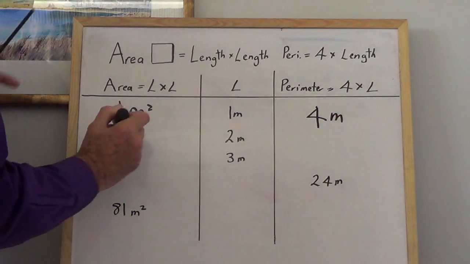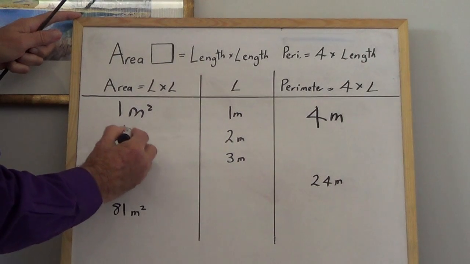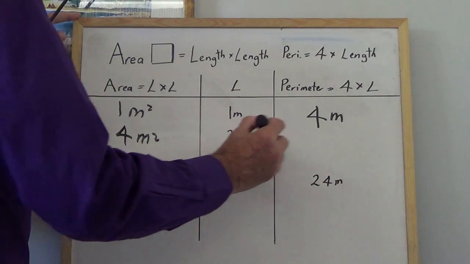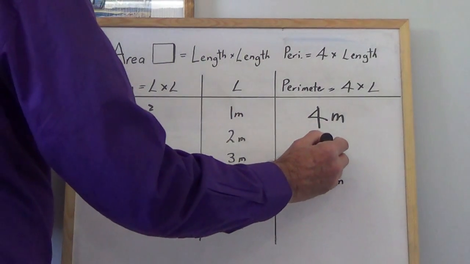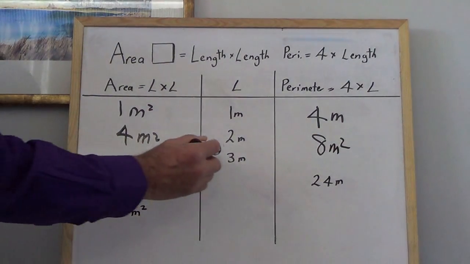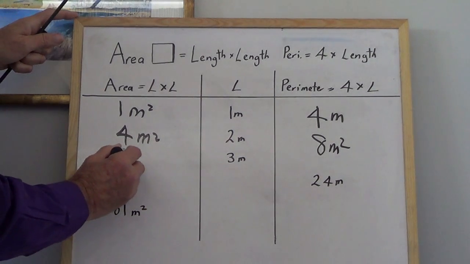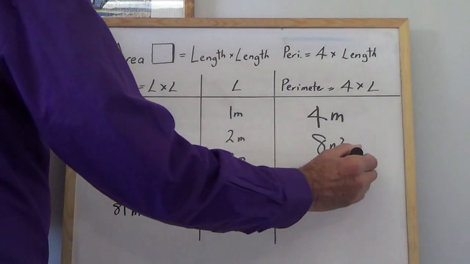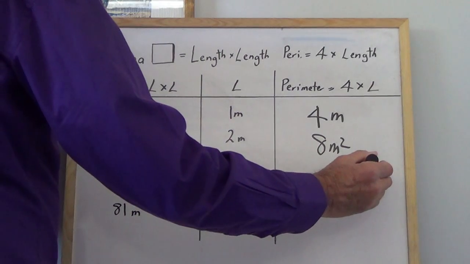For this one here, it's 2 times 2, which is 4 metres squared. Here that's 4 times 2, which is 8 metres. And then if we go to 3 times 3 is 9 metres squared for the area. And the perimeter will be 4 times 3, which is 12 metres.